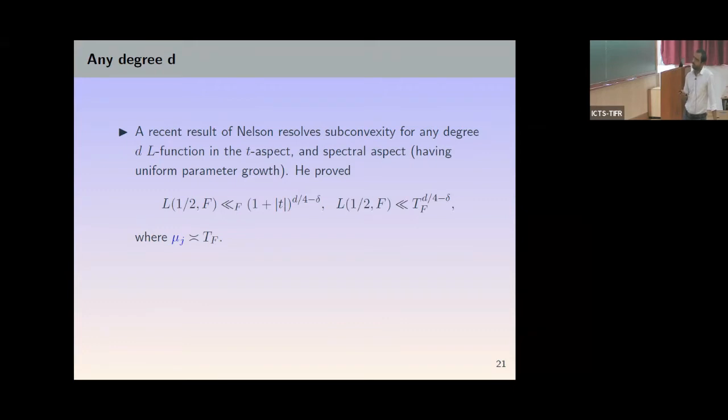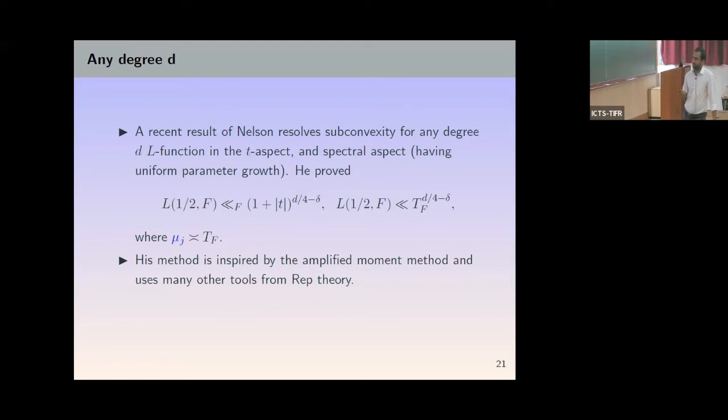What does he use? His method is inspired by the amplified moment method again, but there are other tools from representation theory. So what lies ahead? In the level aspect, subconvexity is still open.